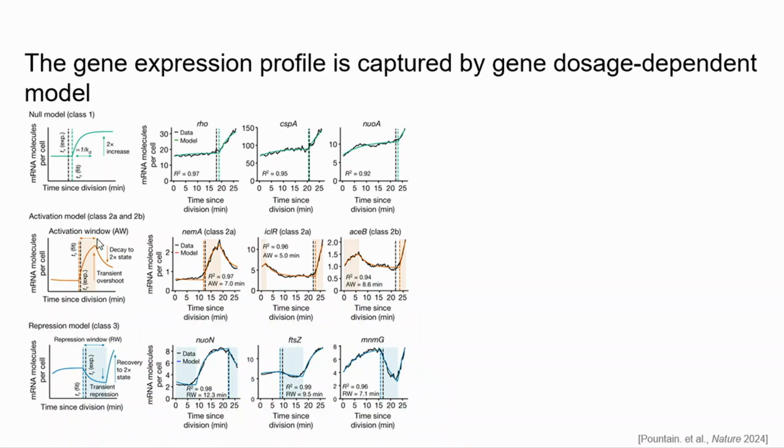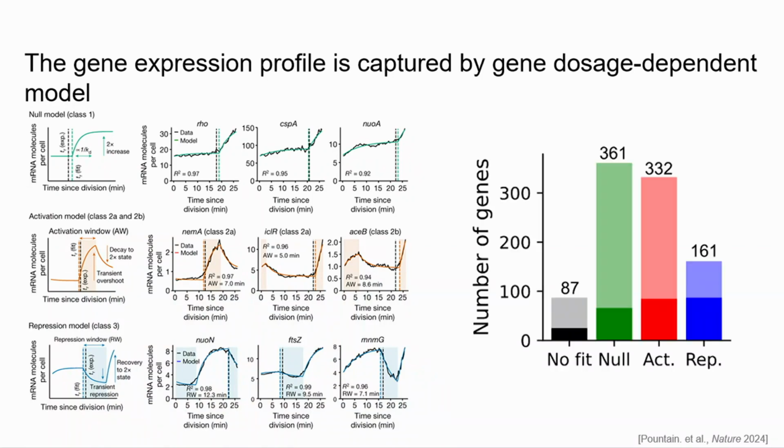In the two other versions, we assume an activation model and a repression model, where through the activation window we have a transient overshoot of 2x in the gene expression, and in the repression window we see a transient repression in the gene expression. Through this, we could describe about 90% of the behavior of genes.